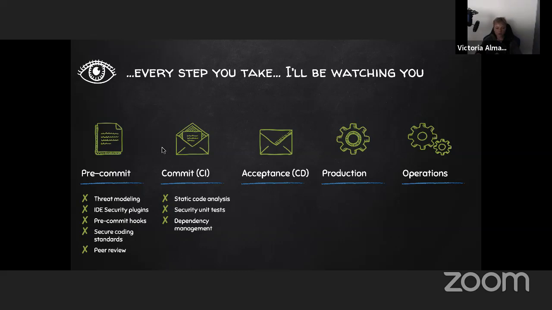The last but not less important is dependency management. In today's world, we develop a lot of things using third-party libraries, especially open source libraries. Usually when I start to work with development teams, I ask them, do you have some life cycle for your libraries, for your packages? How do you do the updates?